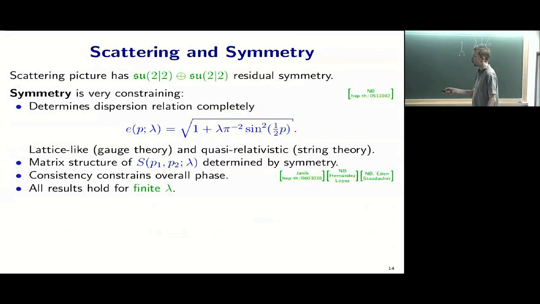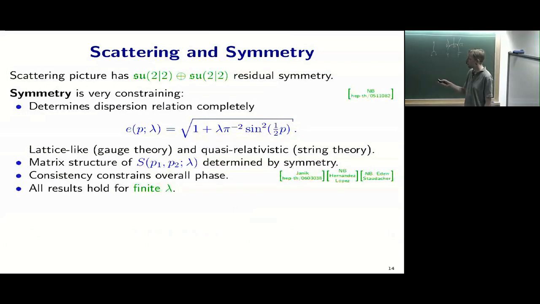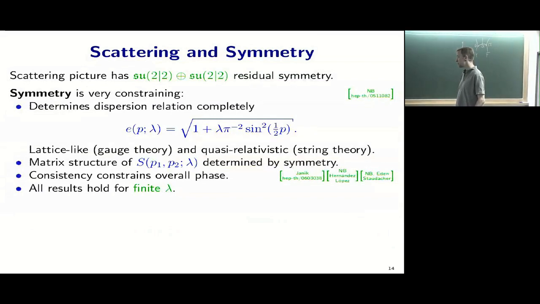And the best thing about all of this is that all of this holds for finite lambda. So somehow the symmetry even knows about this coupling constant, and it puts it precisely in this place here and in certain places in the S matrix, and that's completely all fixed for you by symmetry.